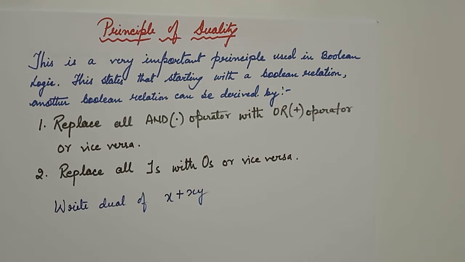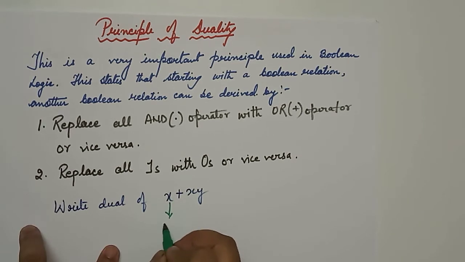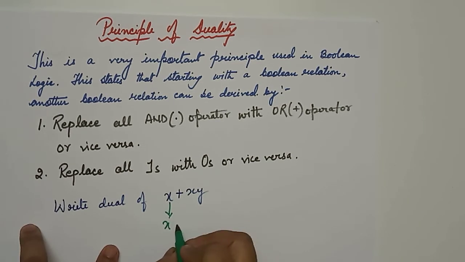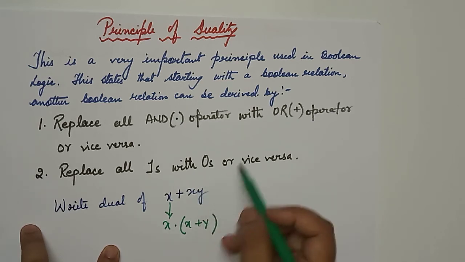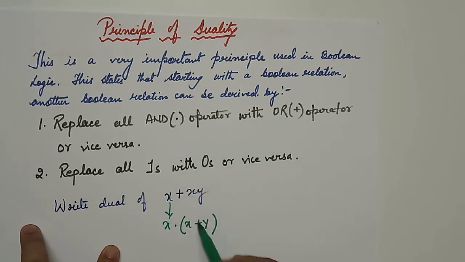So how will you write? X, this plus sign, instead of the plus you have to write what? Dot operator. After that xy, which is in a product format, you have to write in a form of sum. Because here it is in a product format, according to this, we have to replace the dot operator with the OR operator. So this is the dual of the given expression.